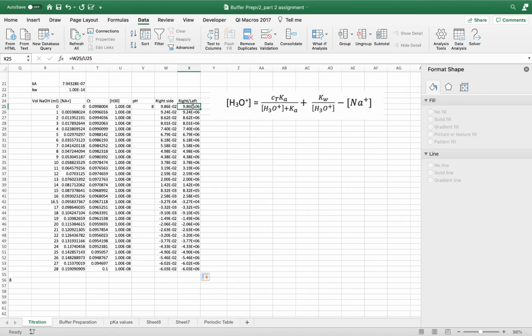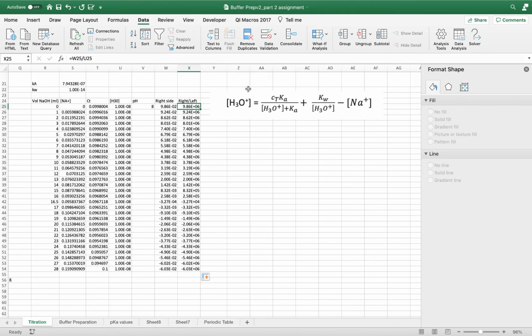And it will look at the ratio of the right to left side. And if that equals 1, it knows it has the solution. If not, it will adjust the value of your hydrogen ion, recalculate, and it will continue to do that iteration until it converges on the value where the right and left equal 1.